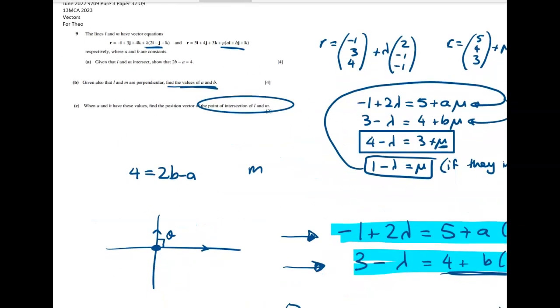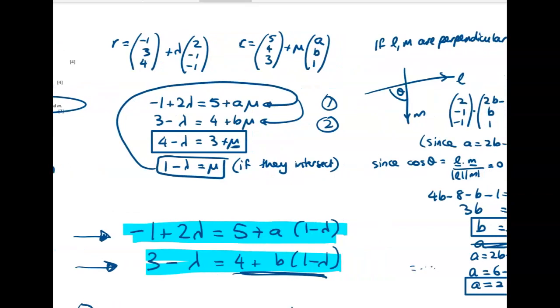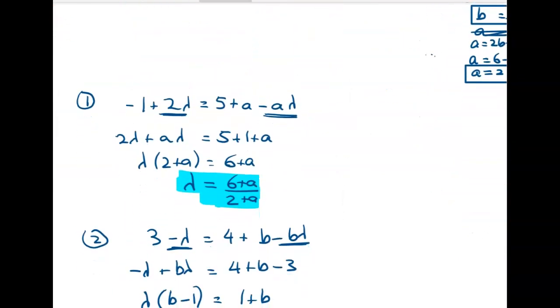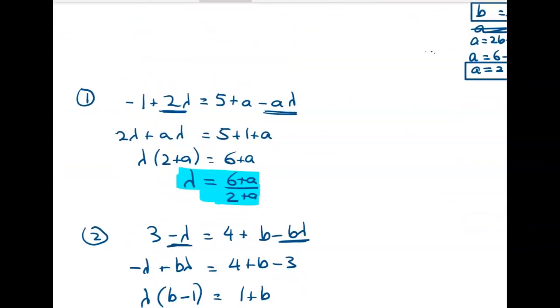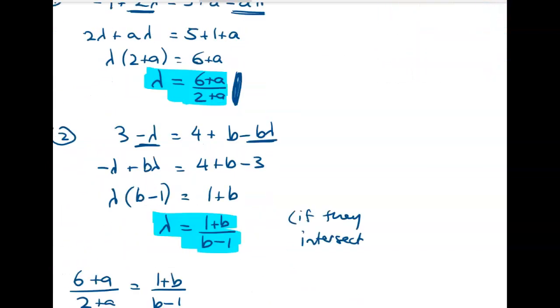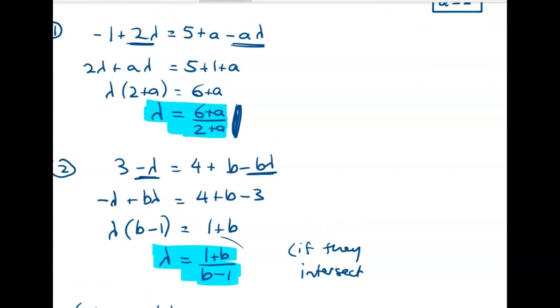But remember, all the way back at the start when we did this work, I'm just going to get rid of some of this working here. So if you've set your work out logically, hopefully what you'll see is that we got this equation for lambda. So lambda was 6 plus a over 2 plus a. And it was also equal to this.